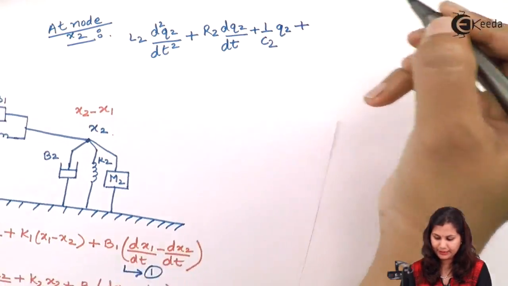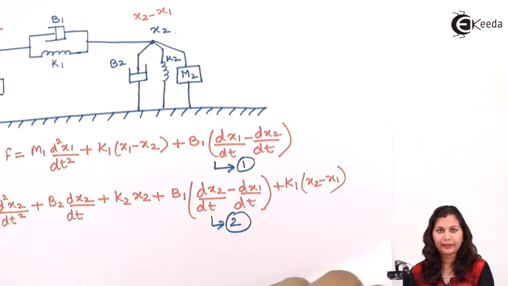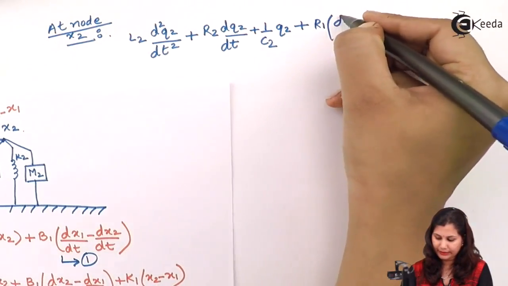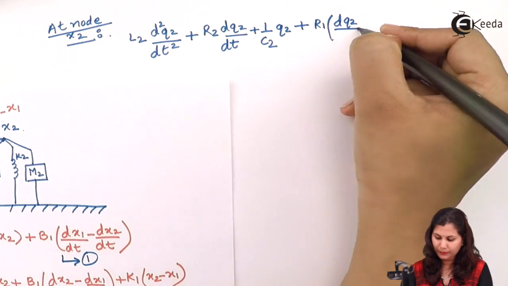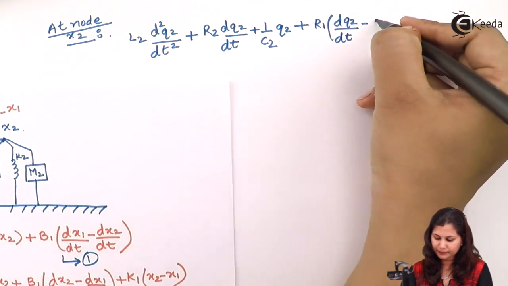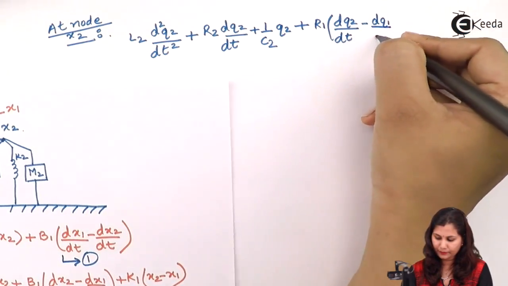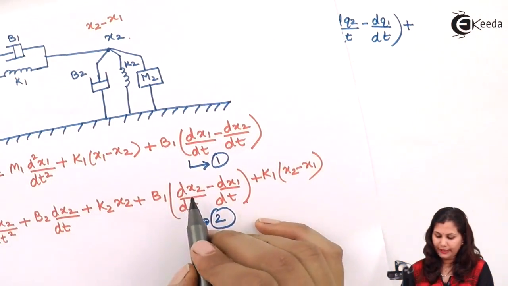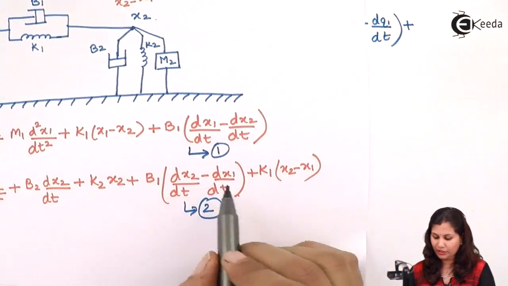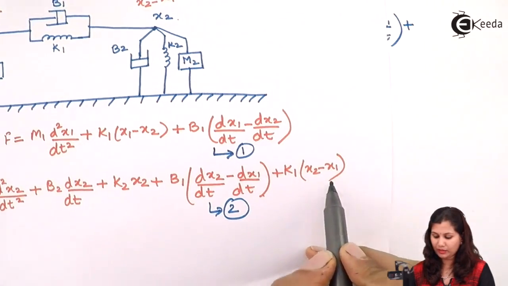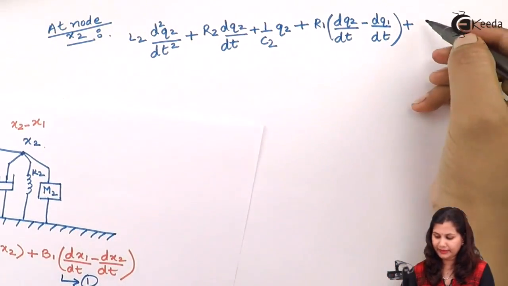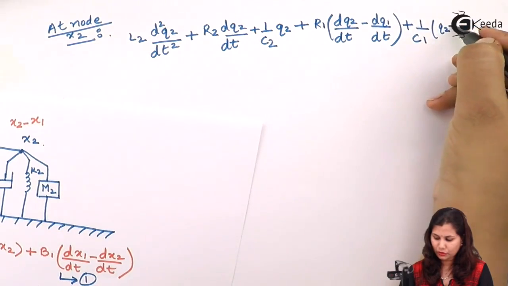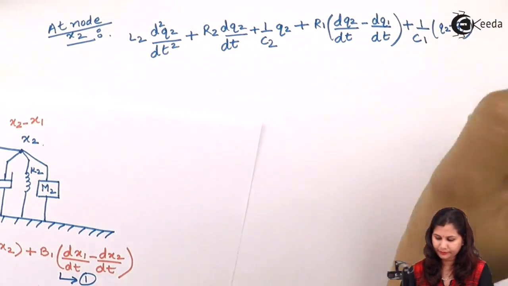Okay. Plus B1, which will be replaced by R1, so we have R1 d of the difference of X2 and X1, which are replaced by the charges. Then we have K1, which will be replaced by the reciprocal of capacitance, times (Q2 minus Q1).